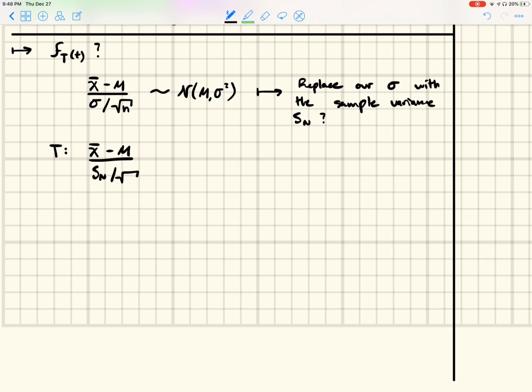So this thing is distributed according to student's t distribution, which is formally written out like this, student's t distribution with v degrees of freedom. That's written that way. So we are going to derive the probability distribution function for the t statistic.